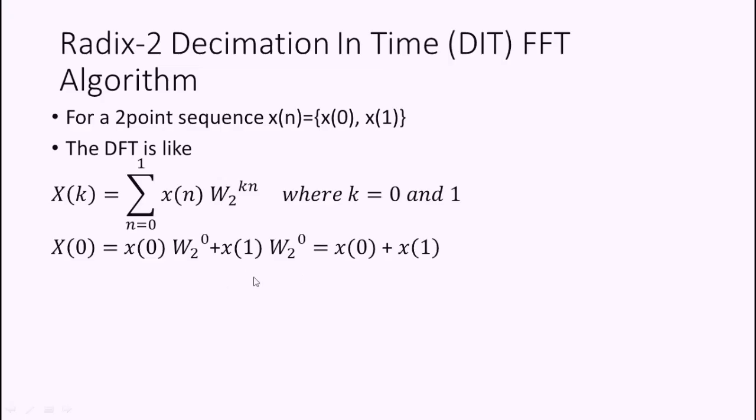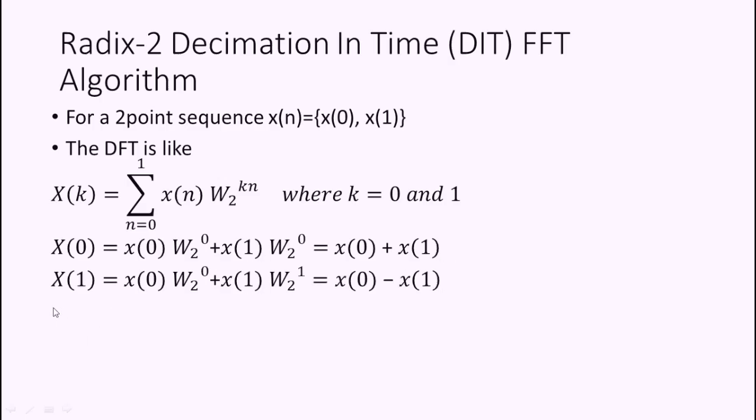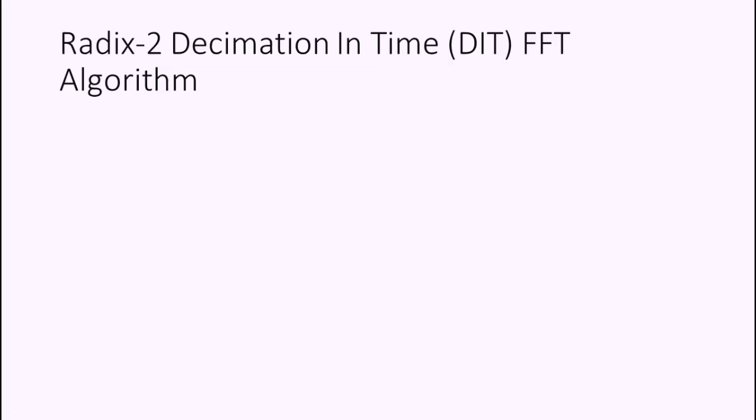So X0 is equal to x0 plus x1. Now capital X1 is equal to x0 W_2^0 plus x1 W_2^1. W_2^0 is equal to 1, but W_2^1 is equal to minus 1. So capital X1 is equal to x0 minus x1. If we diagram the 2-point DFT, we get a diagram like this.